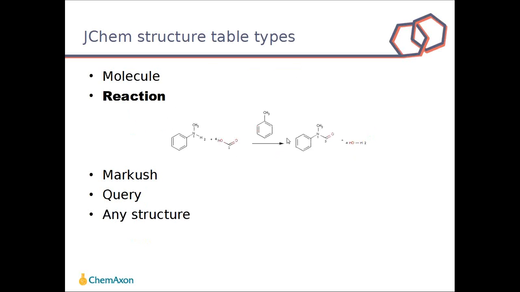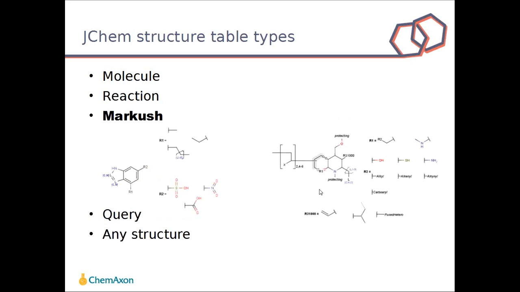Reactions, as specified in the name, can contain reactions, reactants, which with the help of agents are transformed to the given products. Markush structures contain structures that contain some varying features.